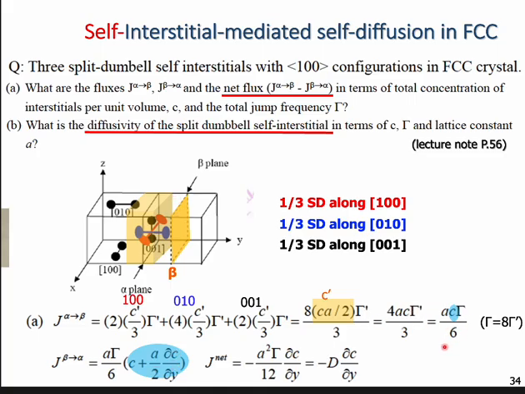And you use this J alpha beta minus J beta alpha, then you will get a net flux for this self-interstitial defect. You only have this minus this one, so only the second term will be shown here. So we know the diffusivity equals A squared gamma divided by 12.